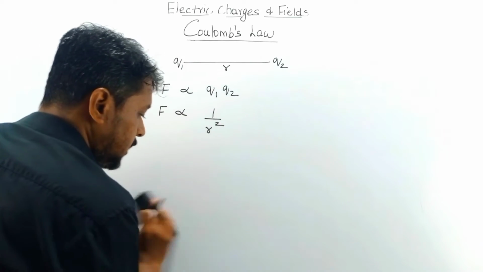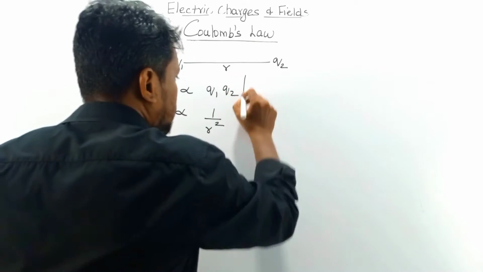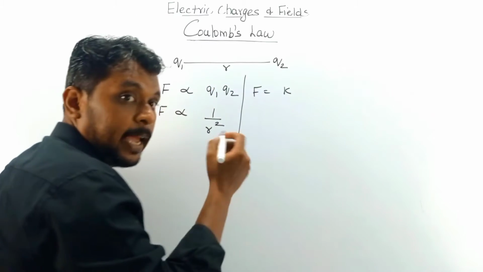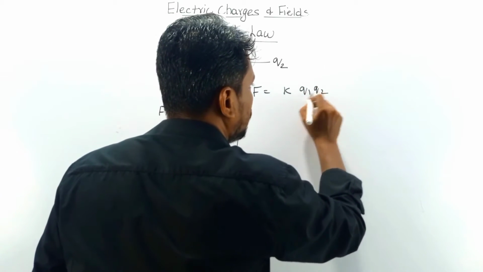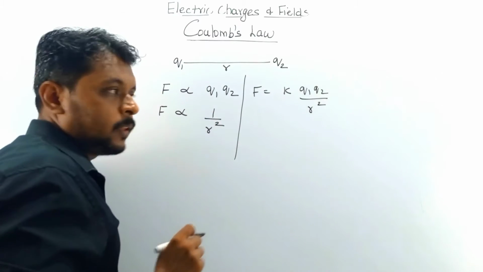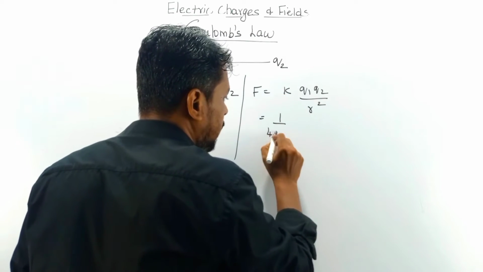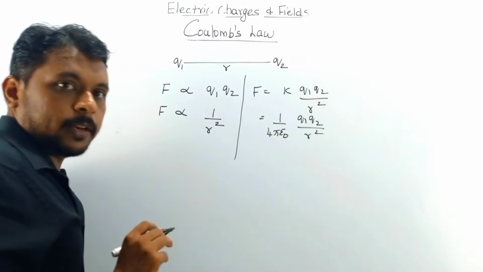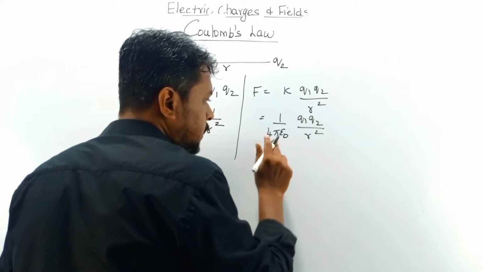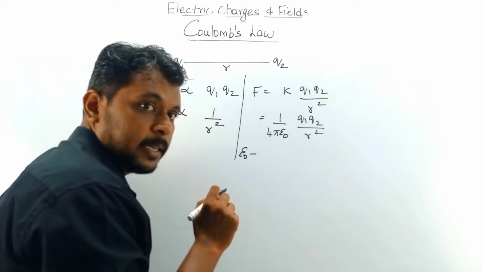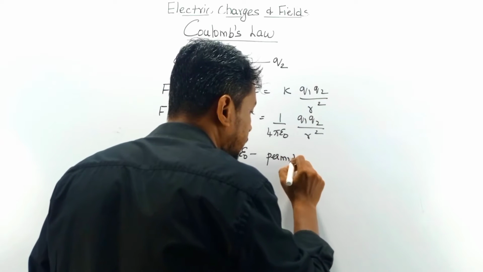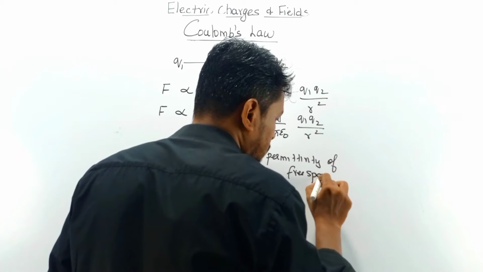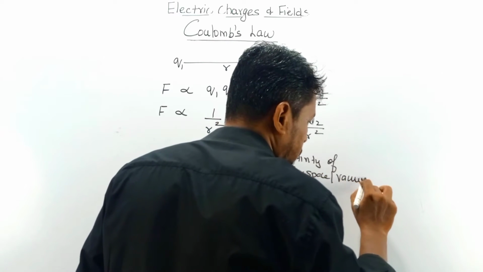Now we will represent the force. To remove this proportionality, I am including a constant k, so the force is k q1 q2 by r square. The value of k is given by 1 by 4 pi epsilon naught. This epsilon naught is the permittivity of free space or vacuum.